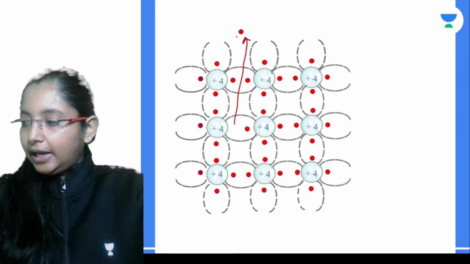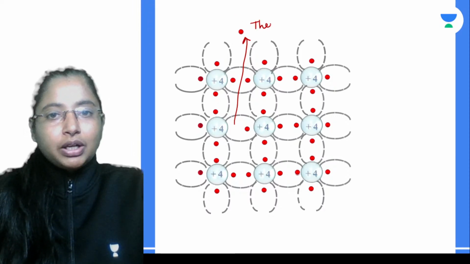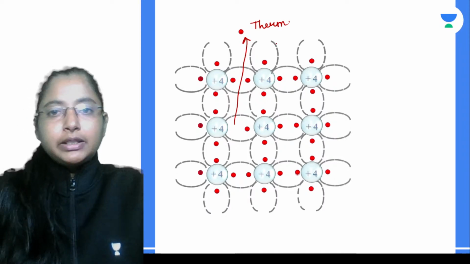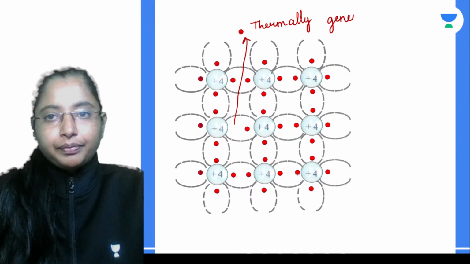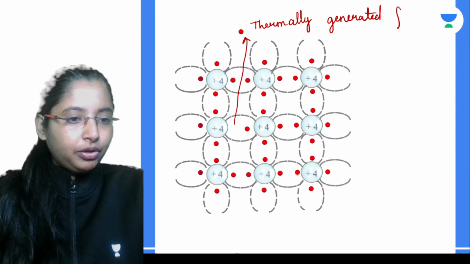This electron over here is basically a thermally generated free electron, because there is a rise in temperature. Let me just quickly write this: this is the thermally generated free electron.